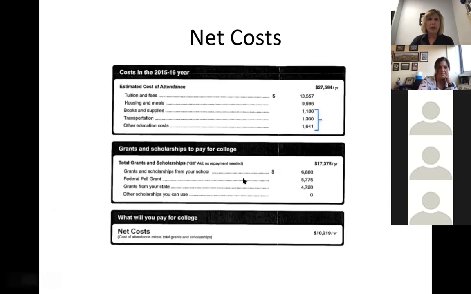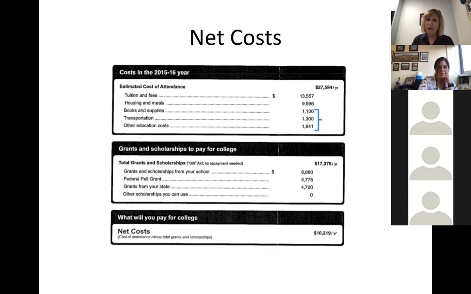So again, if we look at the full breakdown, we looked at the full cost of attendance, we looked at the grants and scholarships, and then basically there's a calculation of a net cost. So basically taking the full cost minus the money that they're going to give you is what's left behind. I usually recommend that you take out these indirect costs, at least initially. You keep in the back of your mind you're going to need a couple $3,000 a year to have that spending money.